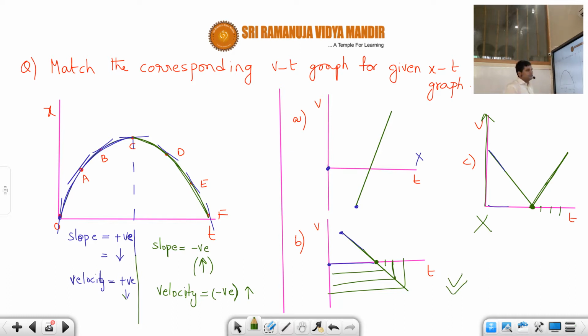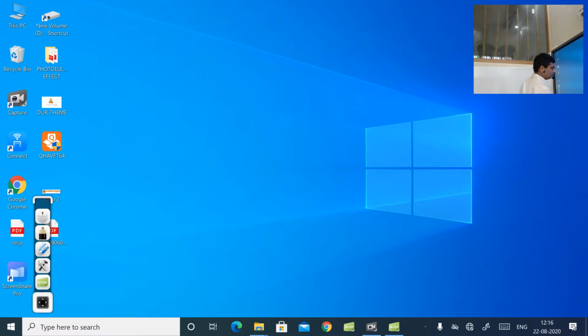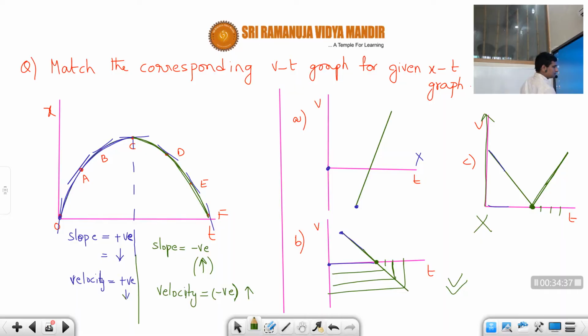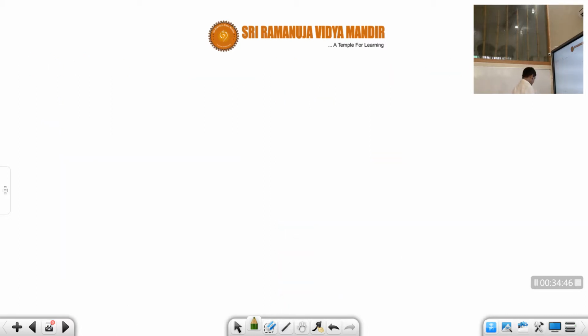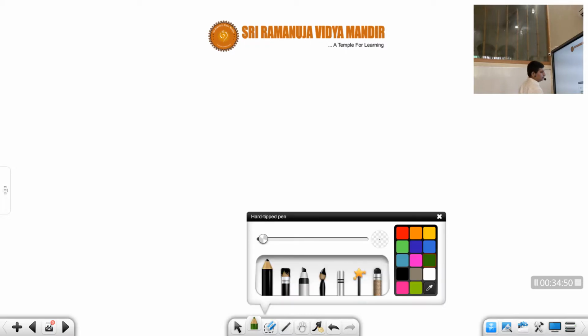Okay, students. So like this we should analyze how to convert, if an xt graph is given, how to get into the vt graph and all. So this is all a very interesting problem, students. I'll give one more: how to convert from xt to vt. Let us take one problem, students. I'll give two xt graphs and you have to convert them into vt.